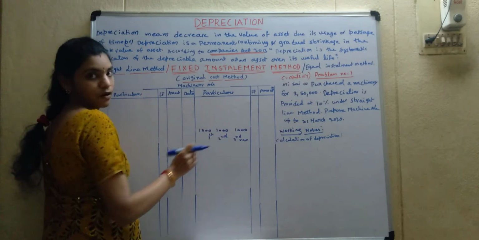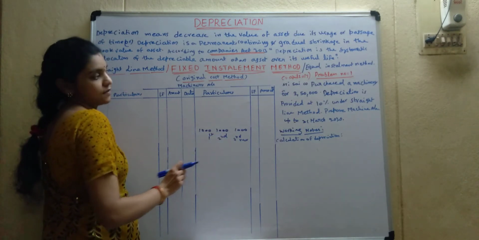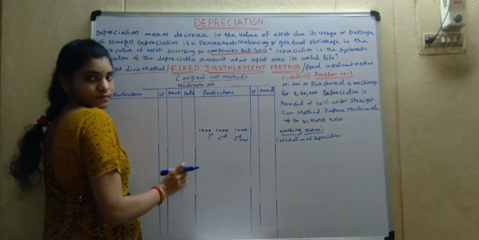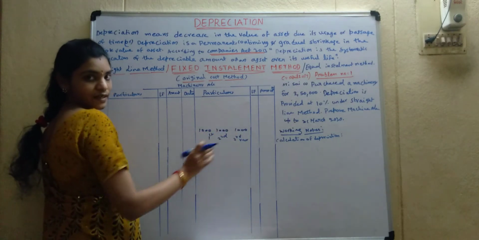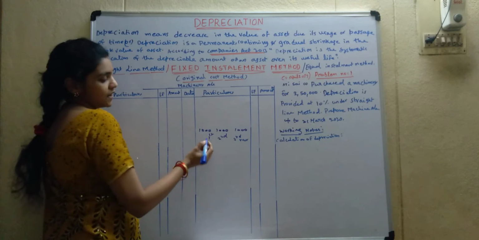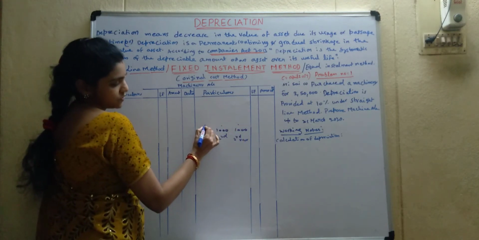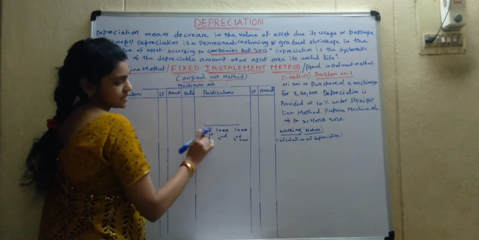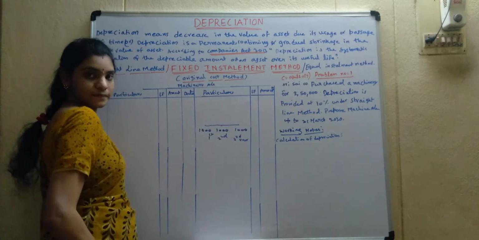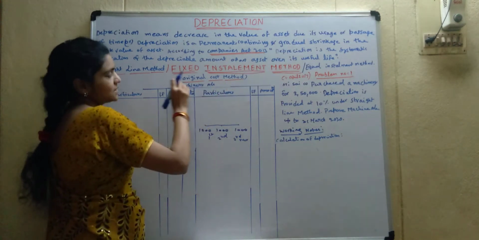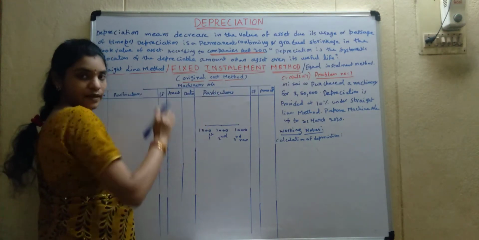Is it fixed or not? Is it equal? We charge every year equally. If you represent it on a graph and join these points, is it straight or not? That's why we also call it the straight line method.